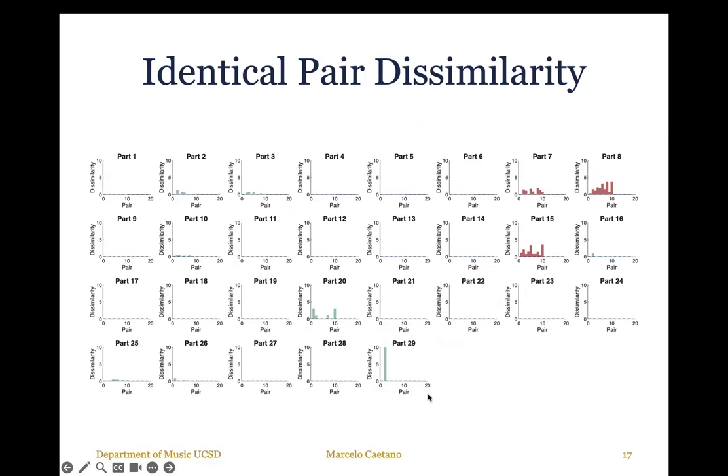We have participant 29 that rated one of them at 10 and all the others at 0. So this could be considered as a moment of inattention, right? So use the other end of the scale. And we have 3 problematic participants here, highlighted in red, because these rated more than 20% of the identical pairs at more than 10% of the bottom of the scale. So these will potentially be excluded.